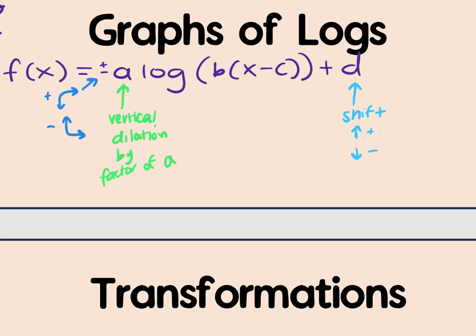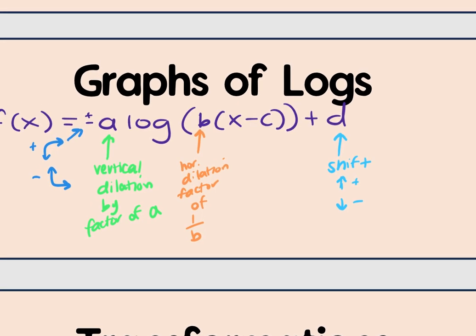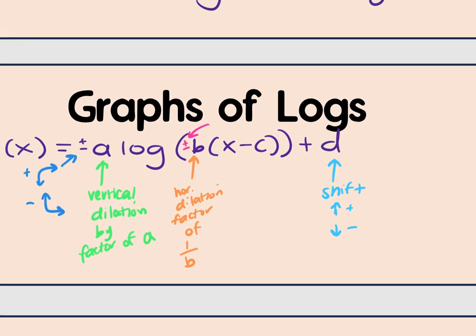And then the inside is your horizontal. So the B is a horizontal dilation by a factor of 1 over b. If there's a plus and minus here, that positive is normal, negative is a reflection over the y-axis, so it points it left.